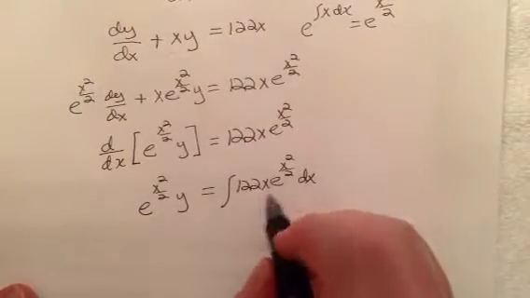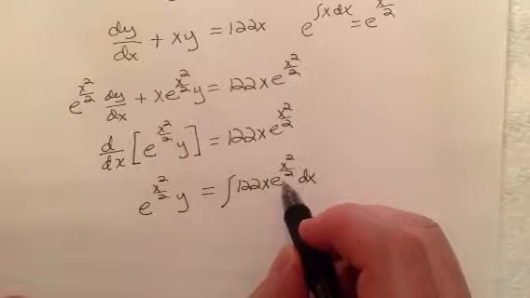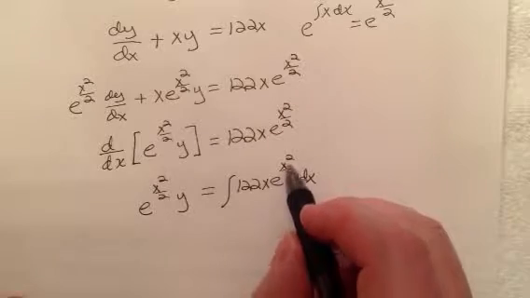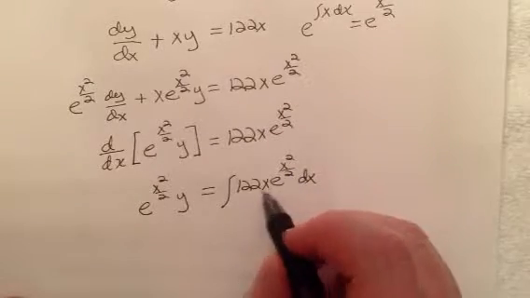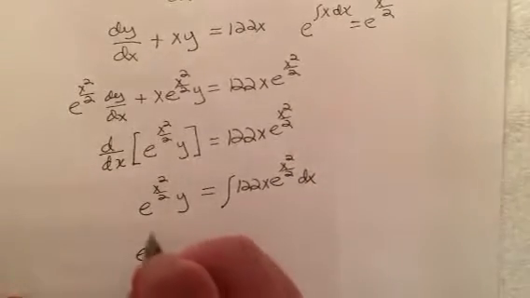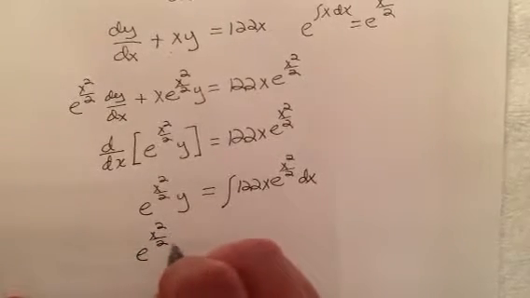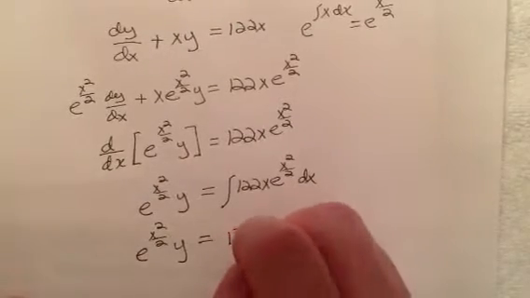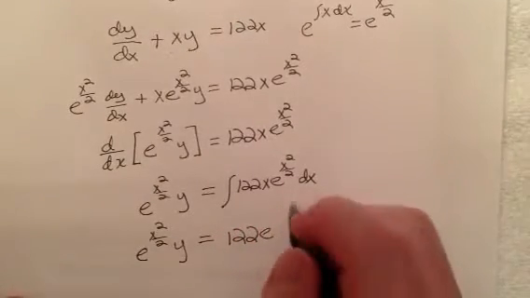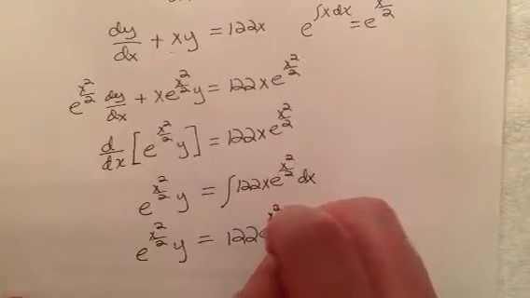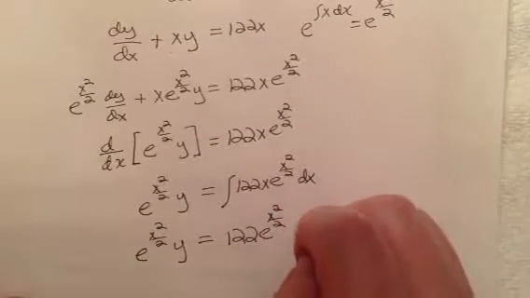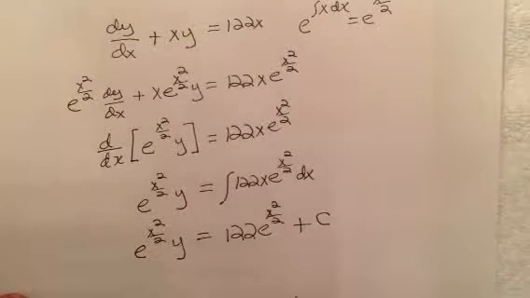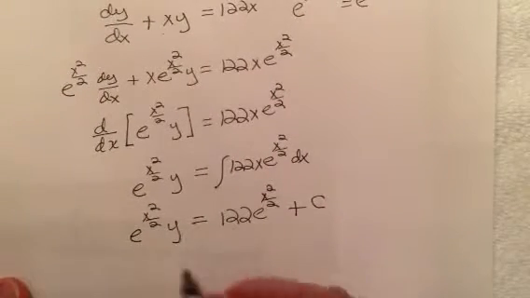If you think along the lines of substitution, taking the substitution for x squared over 2, the derivative goes to x. The antiderivative in this case is 122 times e to the x squared over 2, followed by the constant.